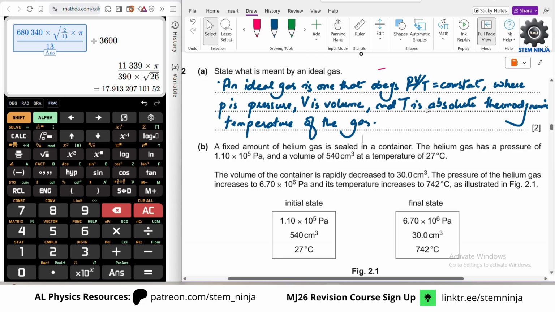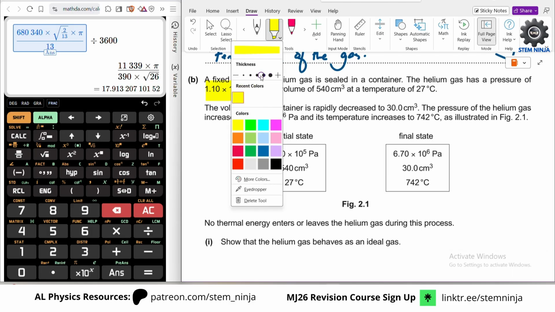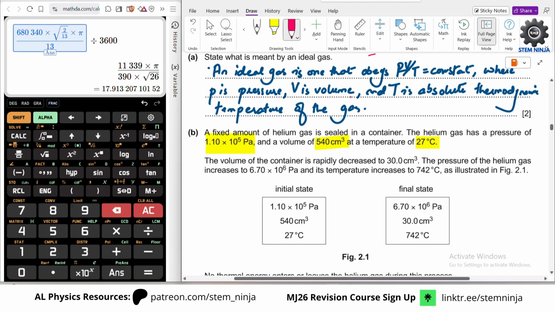Okay. A fixed amount of helium gas is sealed in a container. Helium gas has a pressure of 1.1 times 10 raised to the power 5 pascals and a volume of 540 centimeter cubed at a temperature of 27 degrees Celsius. Now one thing you have to remember, T is the absolute thermodynamic temperature, so this will need to be converted in Kelvin.